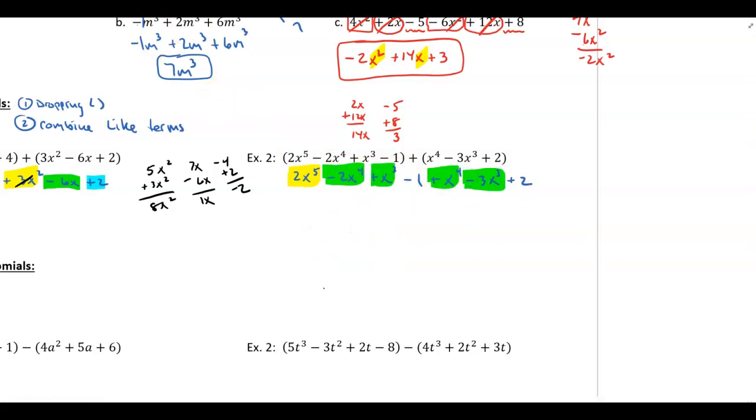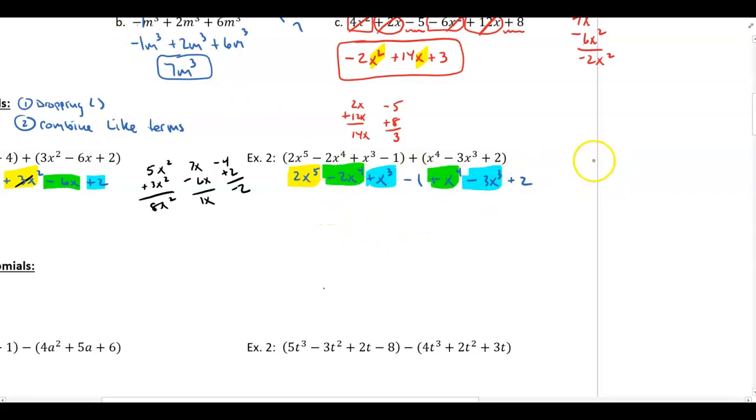Sorry, I'm just going to rewrite that. So, plus x to the 3rd minus 3x to the 3rd. If we switch colors, x to the 3rd goes with minus 3x to the 3rd, and then the constants get added.